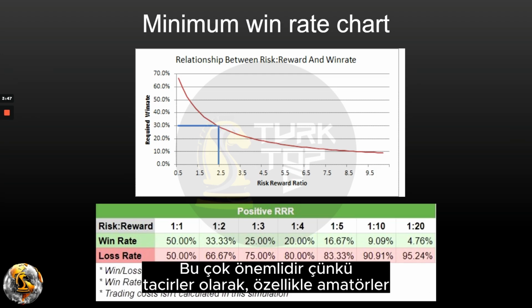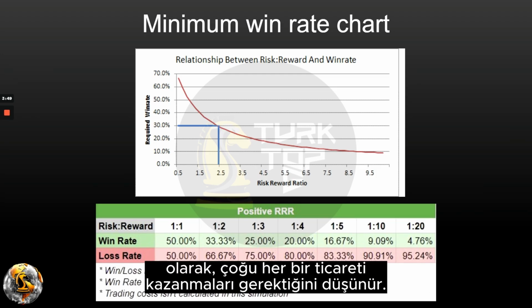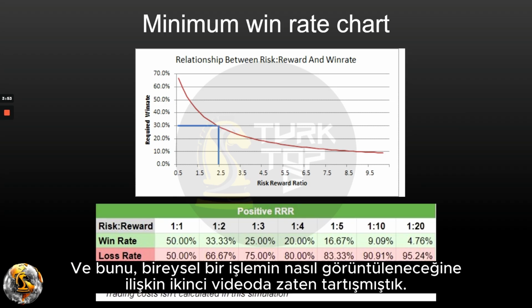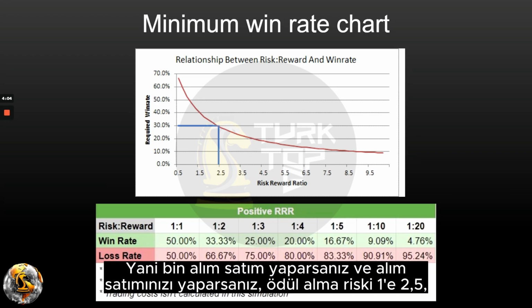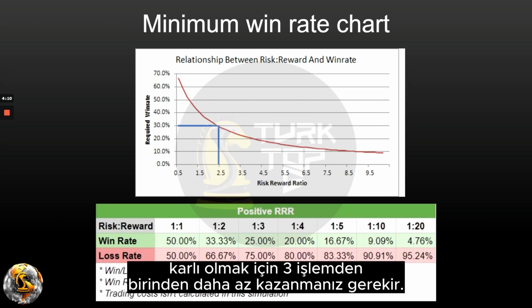So this is essential because as traders, especially amateurs, most of them think that they need to win every single trade. And we already discussed that in the second video on how to view an individual trade. You view it as one of the next thousands of trades you're going to take. So if you're taking thousands of trades, and if your risk to reward is 1 to 2.5, you have to win less than 1 out of 3 trades in order to be profitable.